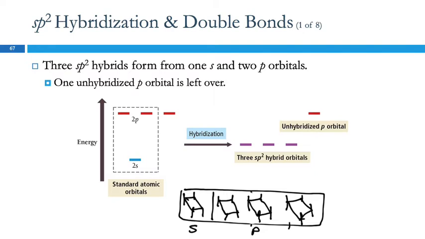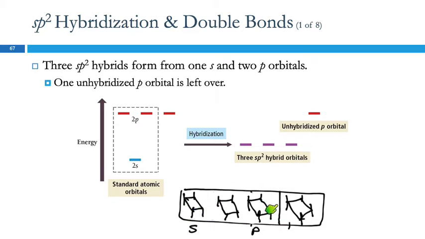So when we made the sp3 orbitals, what we did is we removed this wall. We took it down, and now we've got all 4 beds in the same room. Well, what if we don't want to do that? Well, we could move the wall, right? Take the wall from here and move it over here.